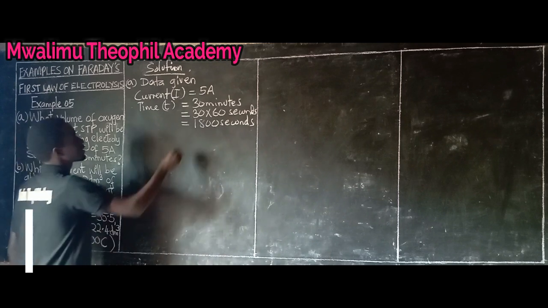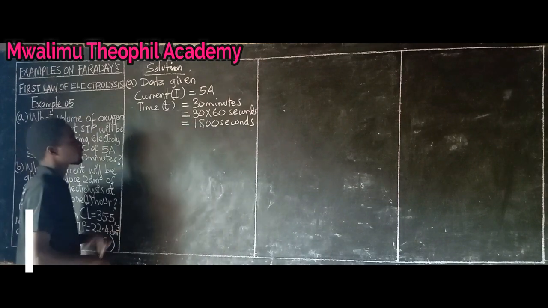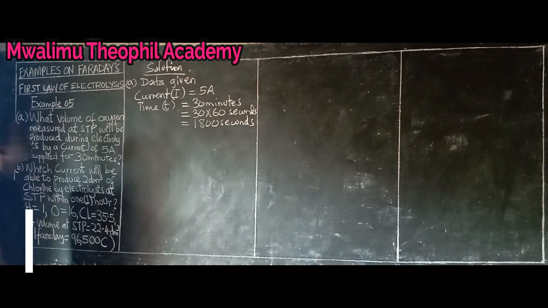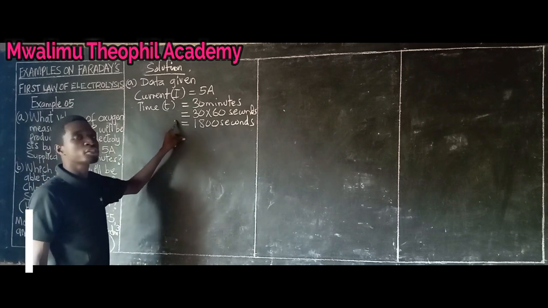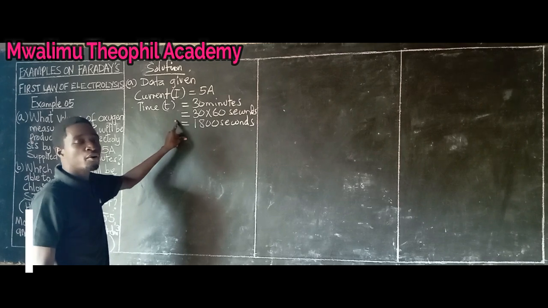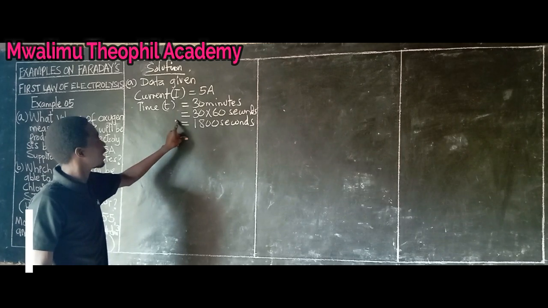Here, let us write the balanced chemical equation for this electrolysis. As we are told that oxygen gas was produced, it means that it was the electrolysis of hydroxide, which takes place at the anode.